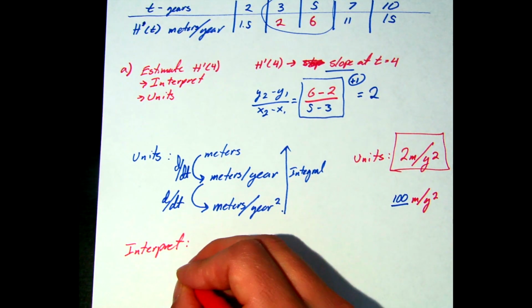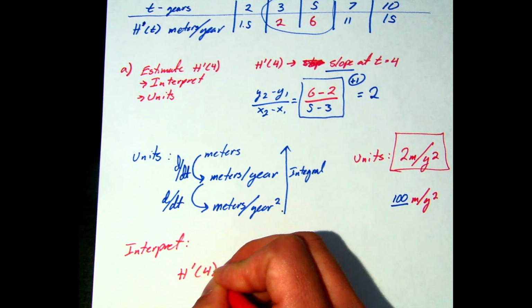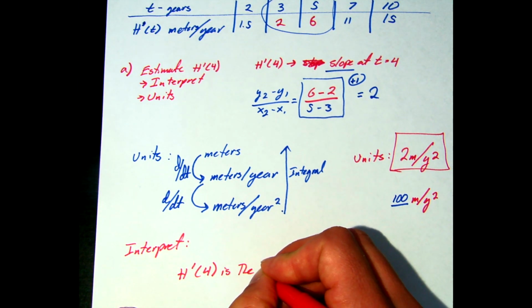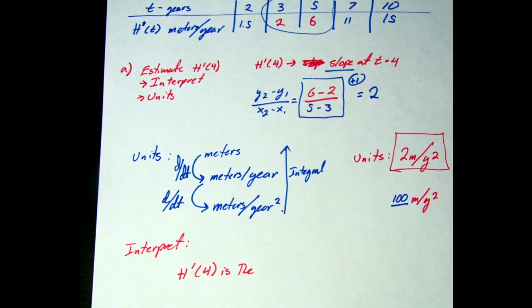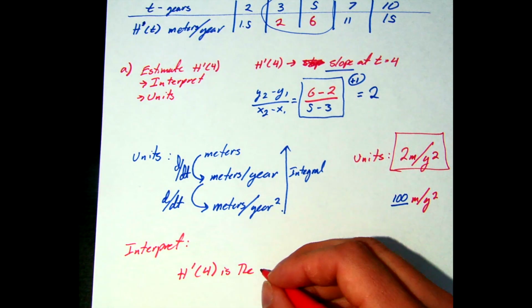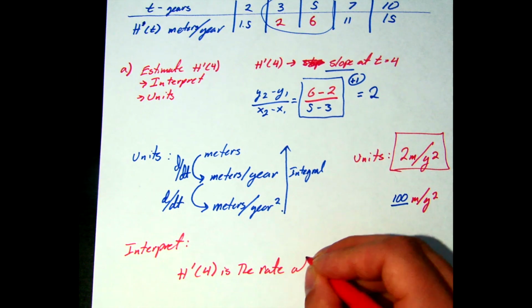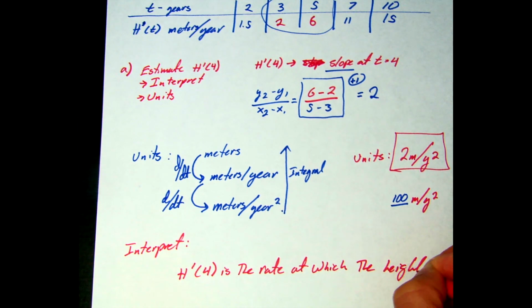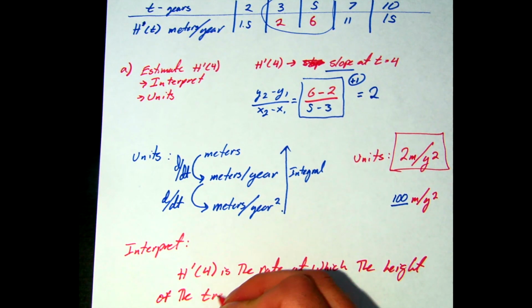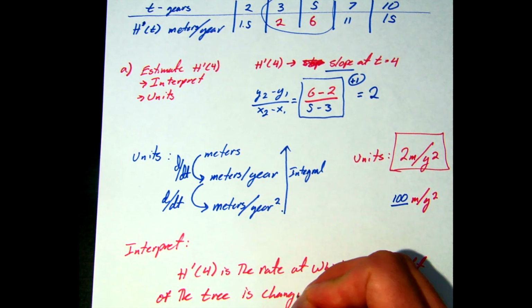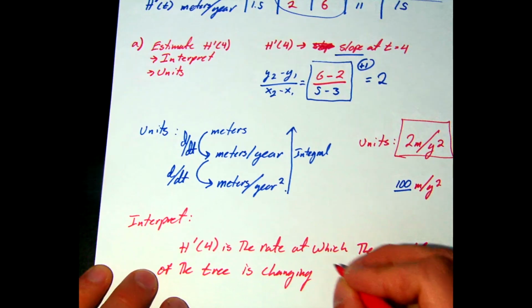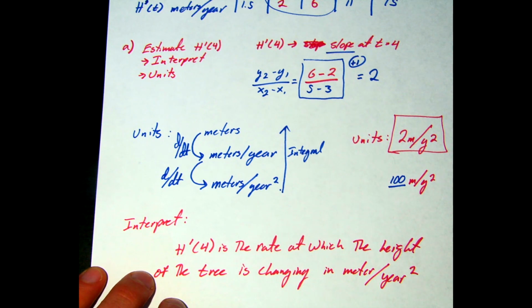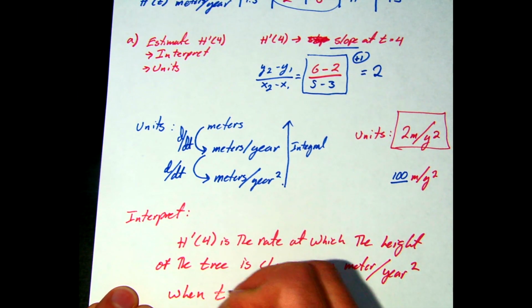So I'm going to write h prime of 4 is the rate at which the height of the tree is changing in meters per year squared when time equals 4.